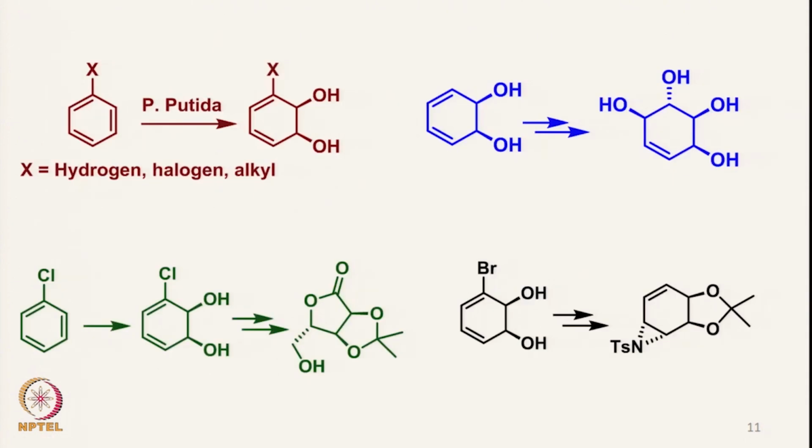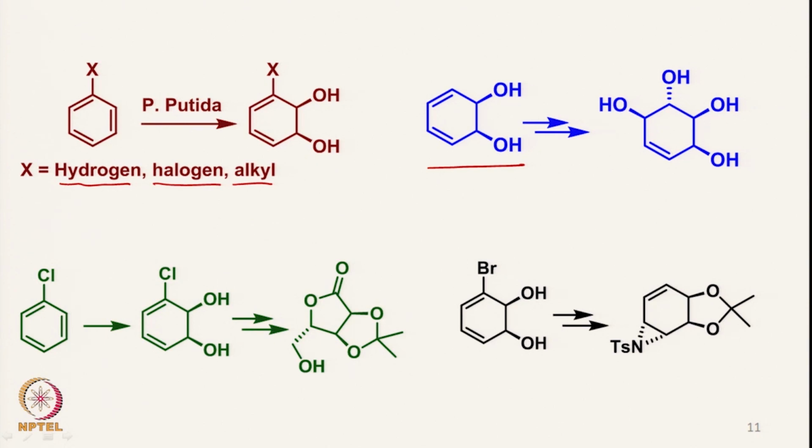Now this is what it is. We can take X as hydrogen, we can take X as halogen, we can take X as alkyl also. Now if X is hydrogen, as I showed you before, this is what is formed.